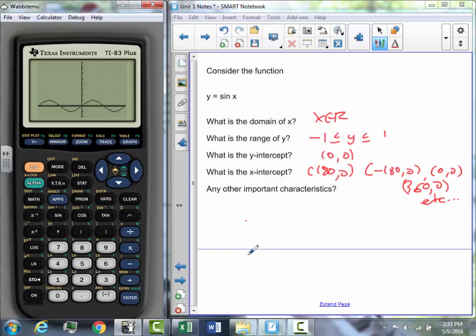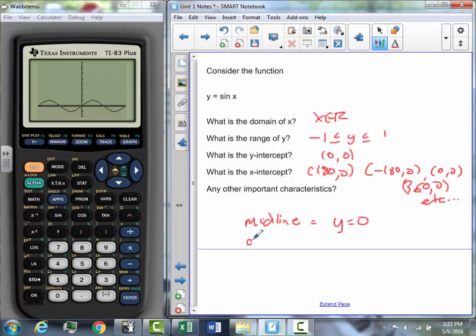Period has other connotations too, right? How long does it take for a cycle to repeat itself? So let's start with the midline on this graph. Where does the midline go through? Right at 0, so that's y equals 0.